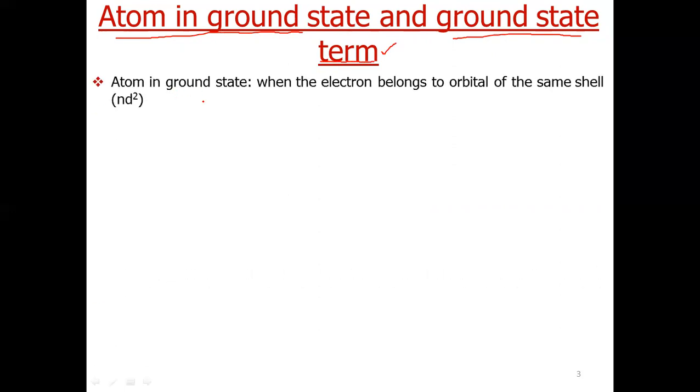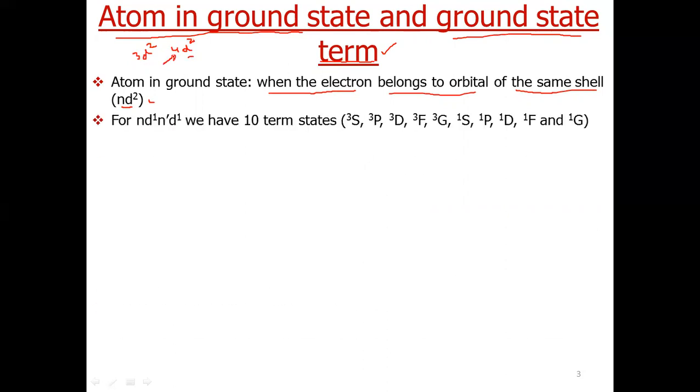First we will see the meaning of atom in ground state. When the two electrons belong to orbitals of the same shell, then we say that the atom is in ground state, like nd2. Suppose we have a system like 3d2, 4d2 or 5d2, meaning two electrons in d orbitals belonging to the same shell.